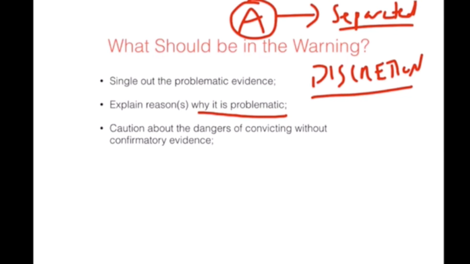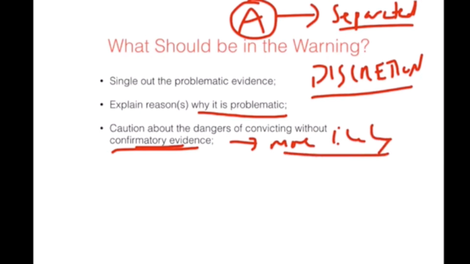You then go on to talk about the dangers of convicting without confirmatory evidence, which is just another word for corroborating evidence. If you can't find this sort of confirmatory evidence that makes you more comfortable with the witness's evidence, then the jury should be cautious about convicting.